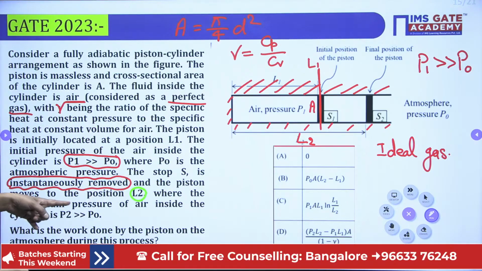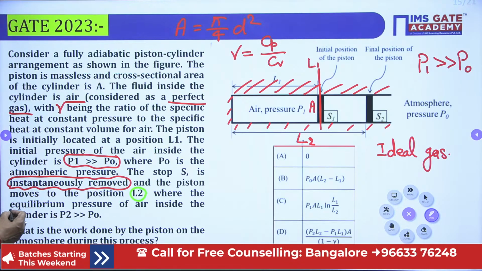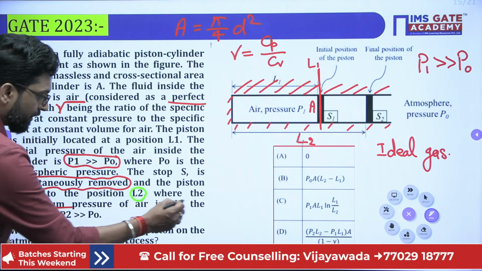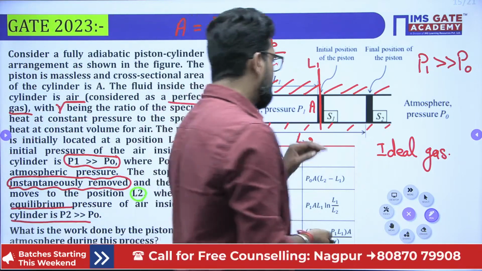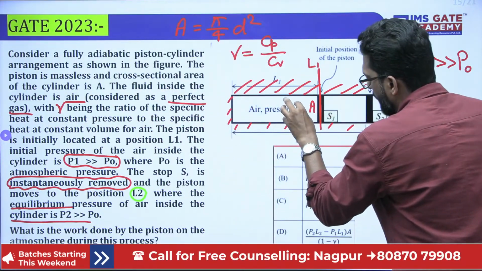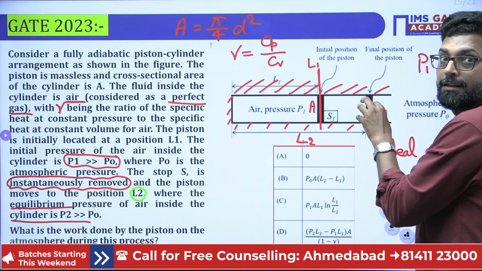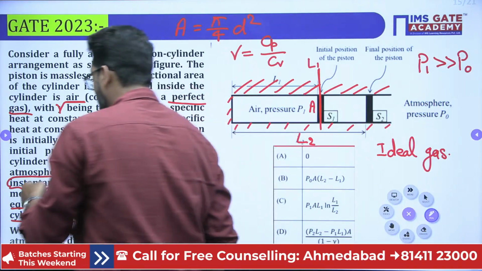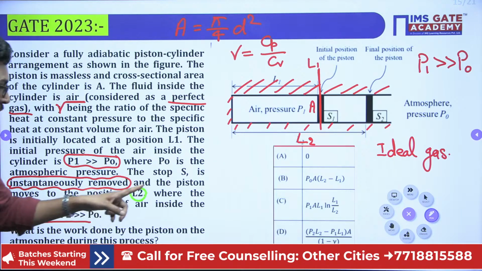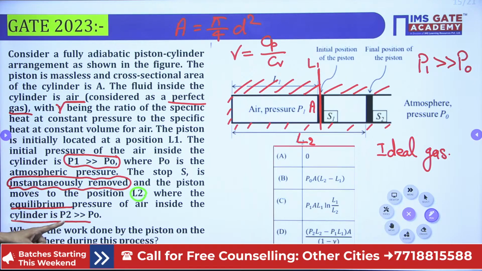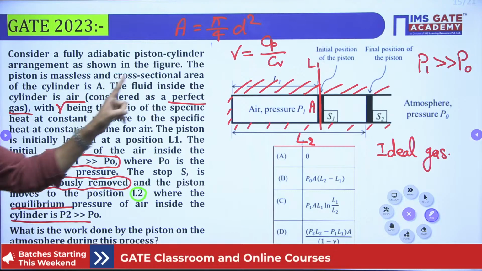This line is very important: the equilibrium pressure of the air inside the cylinder is P2. That means the pressure is in equilibrium, and P2 is the equilibrium pressure.